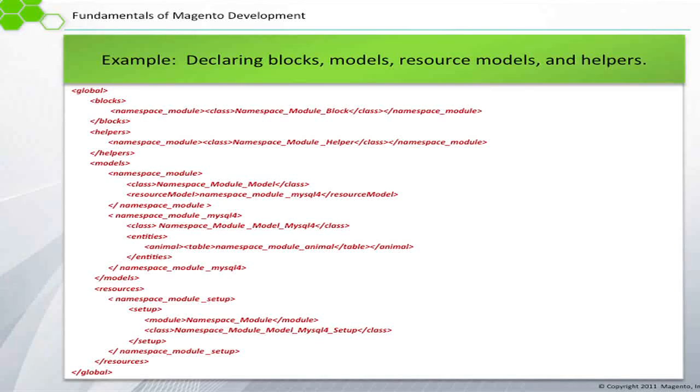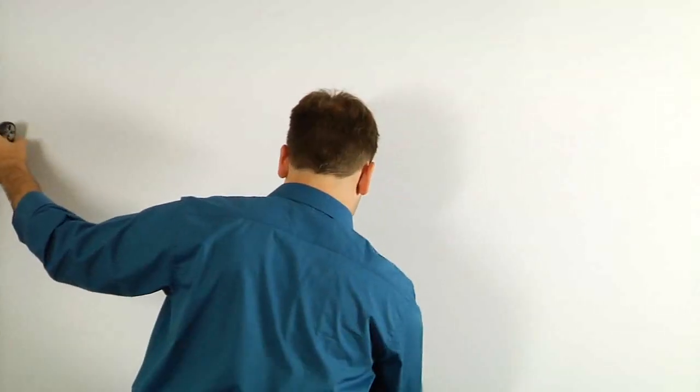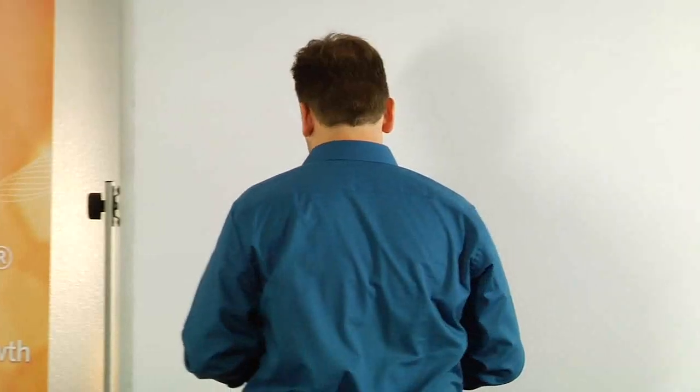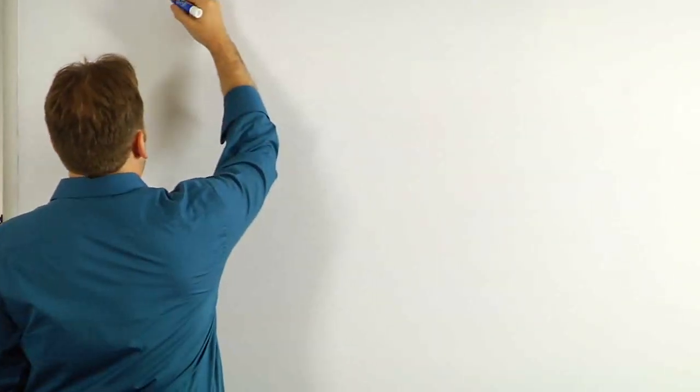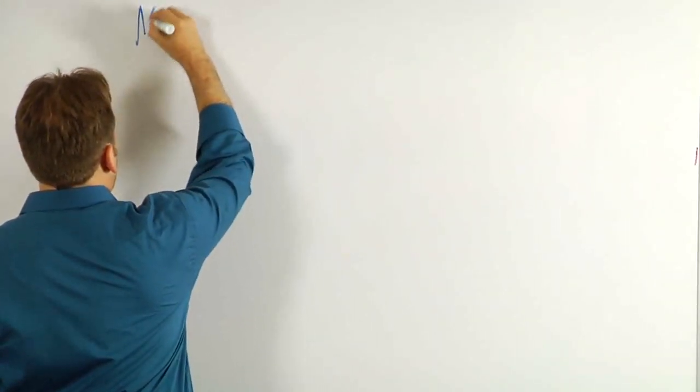So namespace module block. So now I could call for this, for example, for a helper. I could say namespace module, let me see, Mage helper, and then in Mage helper I could put, based on what's configured here for blocks, helpers, models, for the helper, let's say Mage.